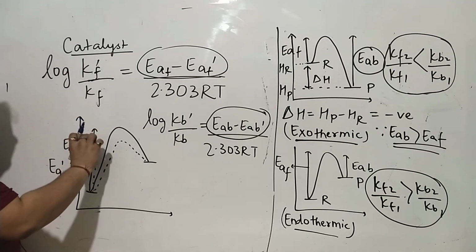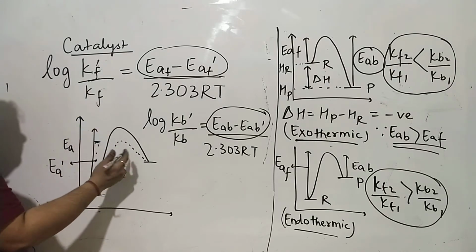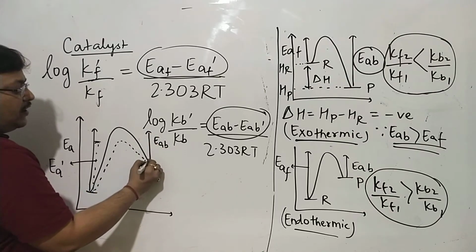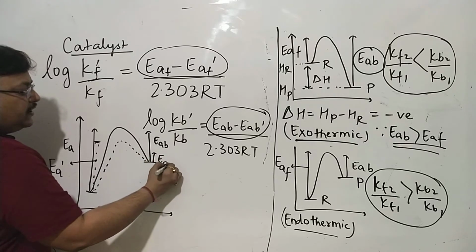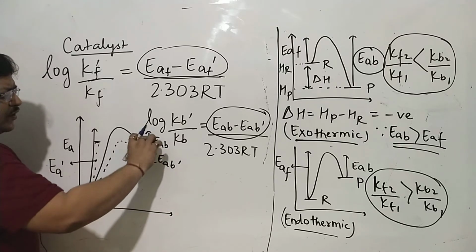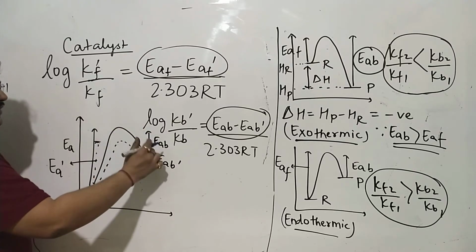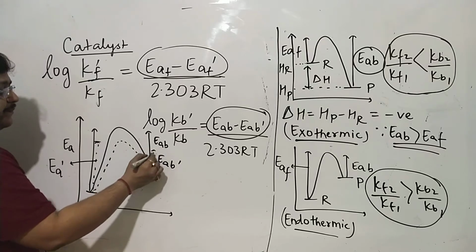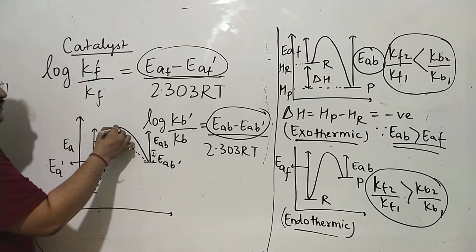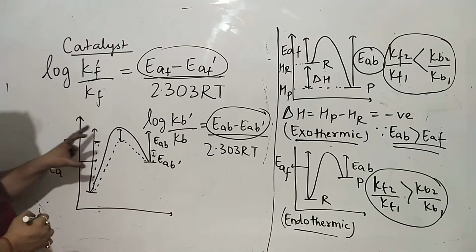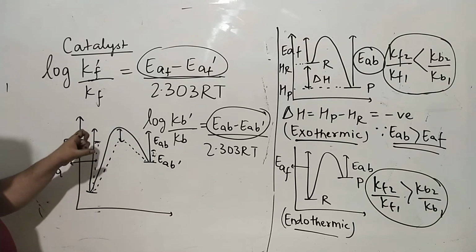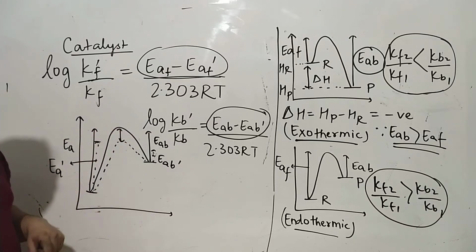Now because the difference is the same, the difference for forward is the same as the difference for backward. This was EAB, and this is EAB prime. So because the difference is the same, it favors forward and backward to the same extent.